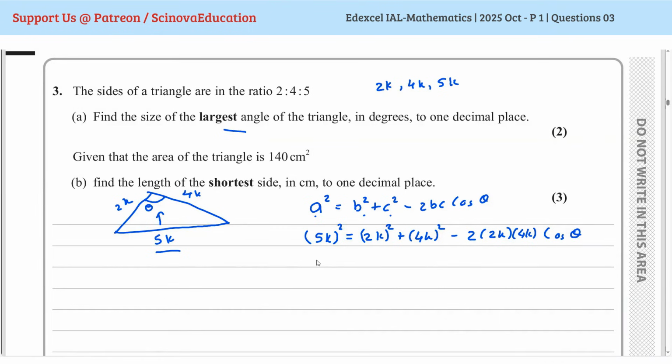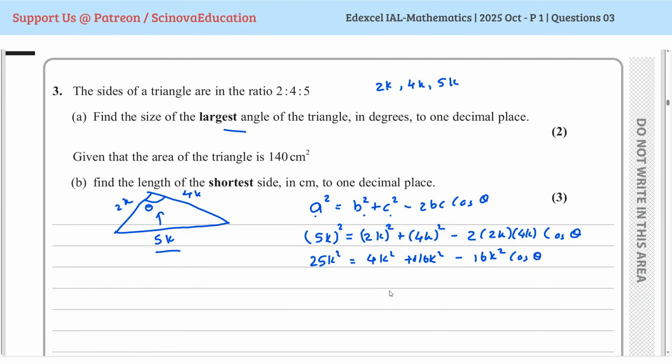If we simplify, we get 25k squared equals 4k squared plus 16k squared minus 16k squared cos theta.